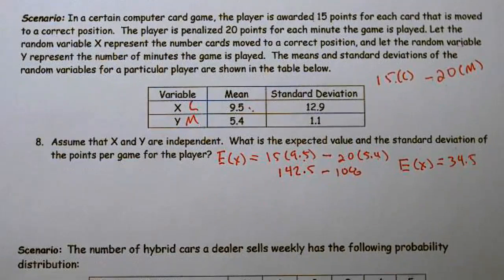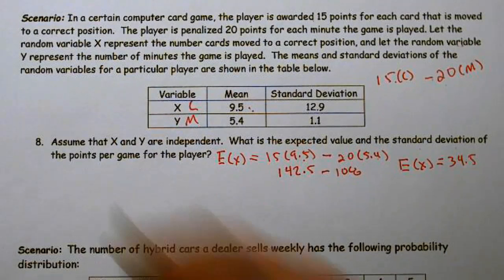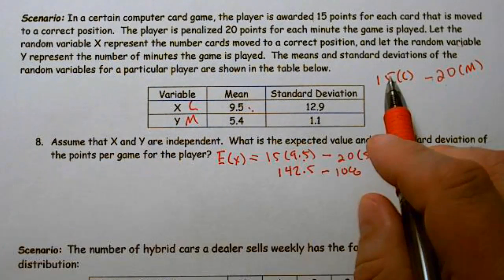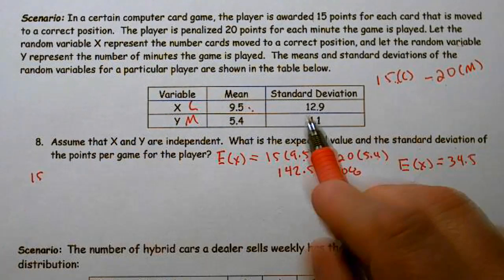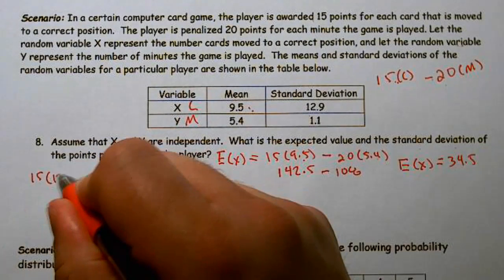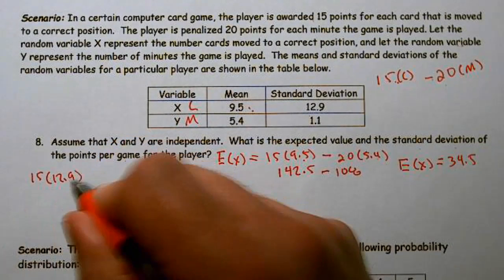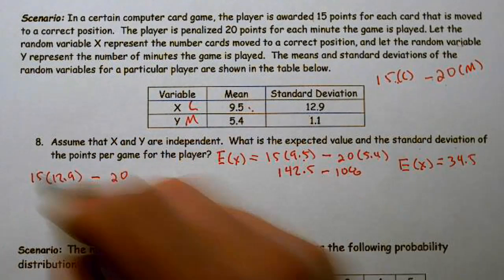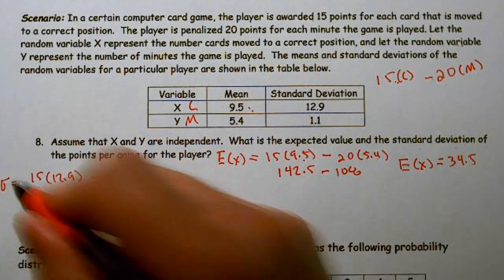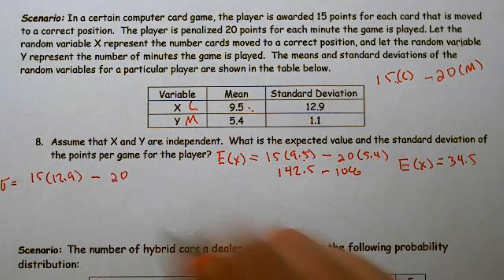But then now they're also asking me for the standard deviation. Well, my standard deviation is going to be 15 times 12.9 minus 20 times 1.1.